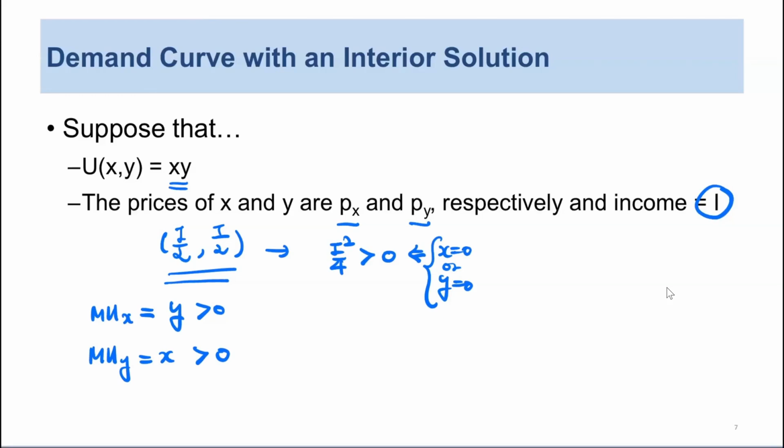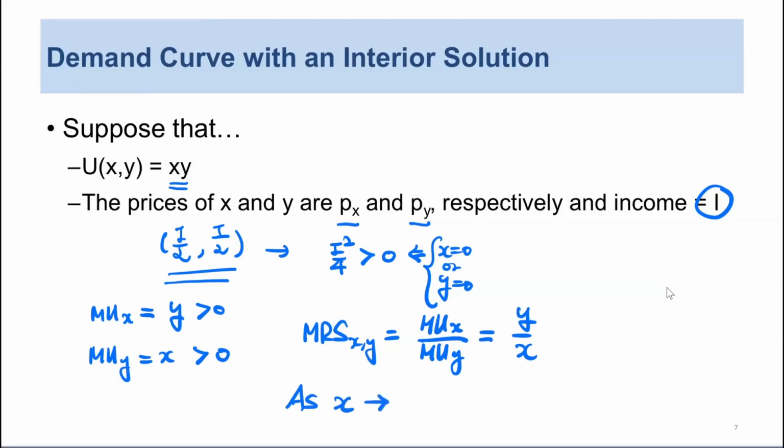At the same time, the marginal rate of substitution of X and Y is equal to the marginal utility of X over the marginal utility of Y, and this is going to be Y over X. And as X increases, this marginal rate of substitution between X and Y goes down.